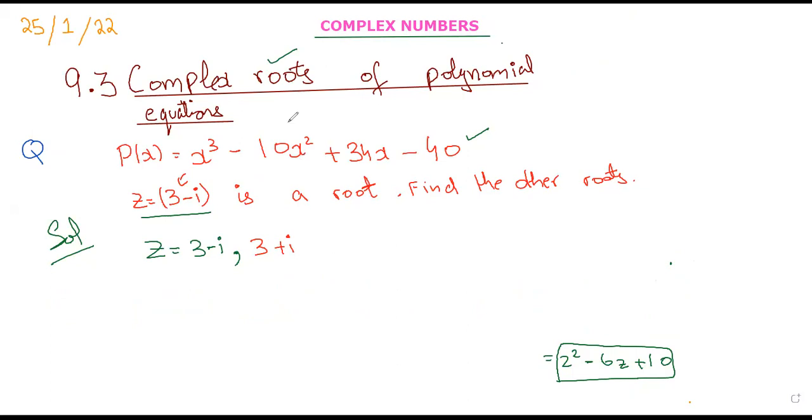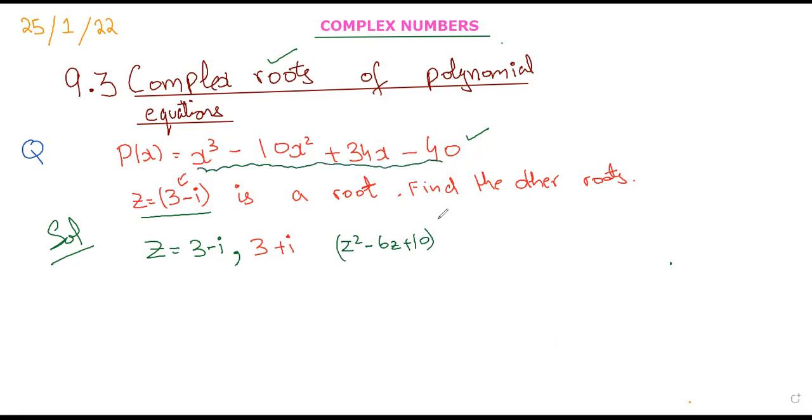So we got z square minus 6z plus 10 as a factor. Now, obviously, this is in x because this is p of x. In order to divide it, we need to write it as p of z, right? I hope that is not an issue. No, it's fine.